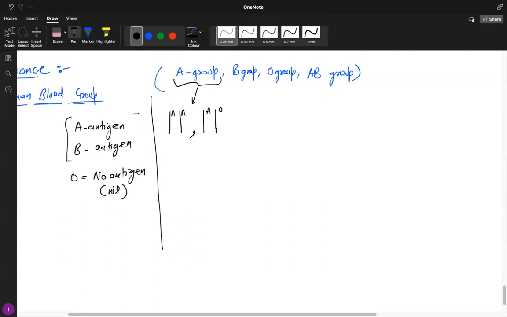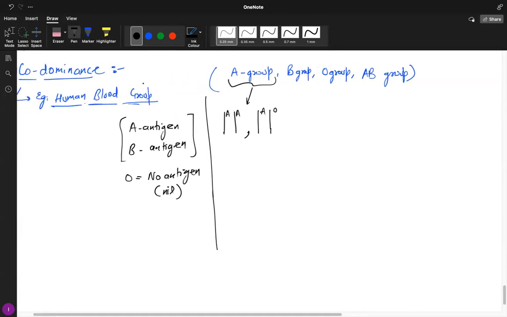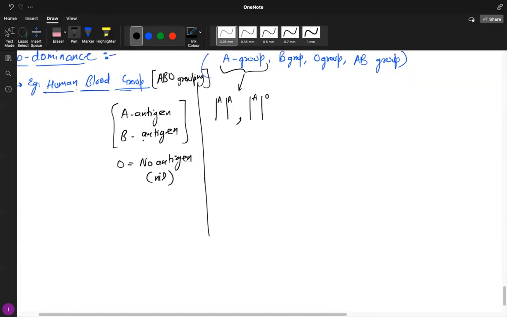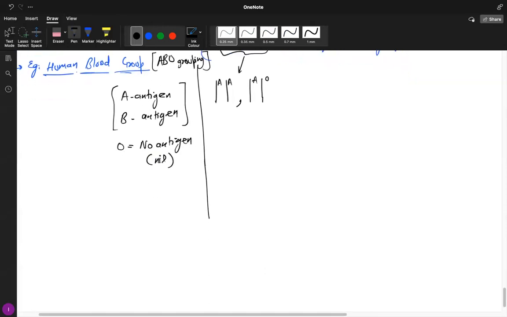So there are only two antigens which can be present on the human RBC, A and B. In human blood groups there are many ways to make groups. This is called the ABO grouping system. In this system, there are two antigens that people take into consideration, A antigen and B antigen.